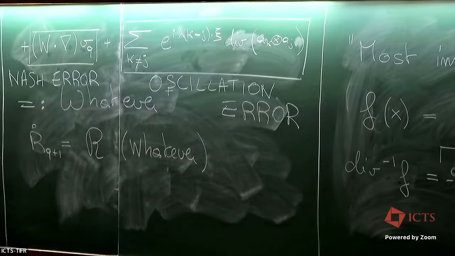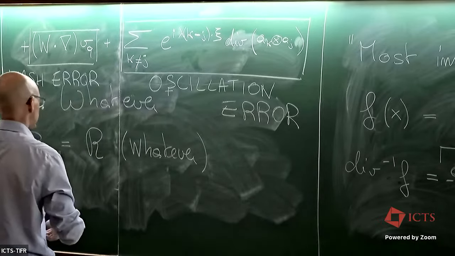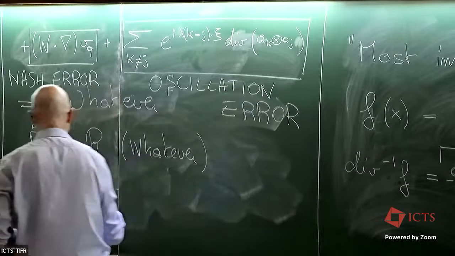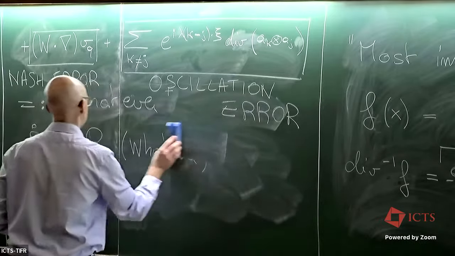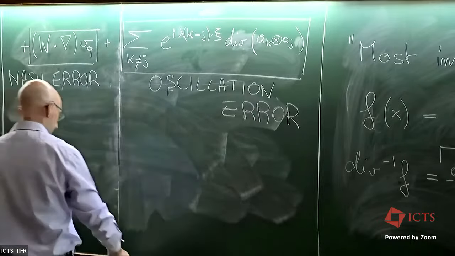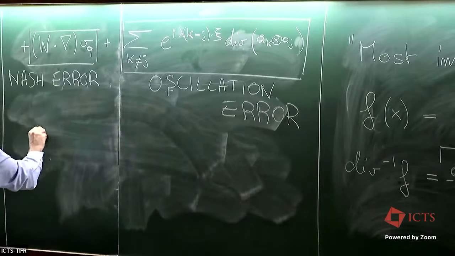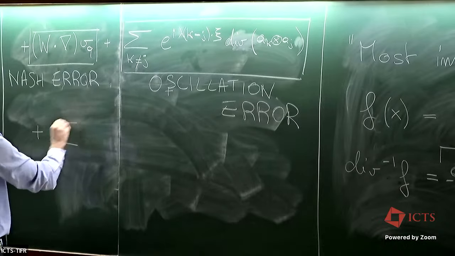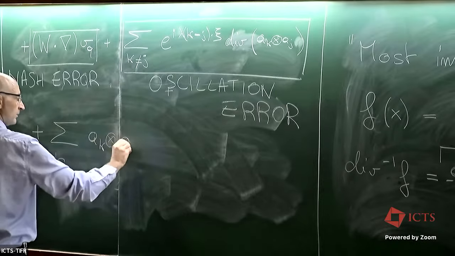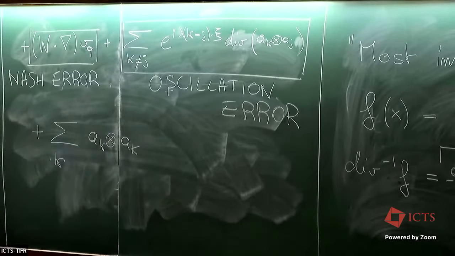So what's the difference? Well, okay, now there's something missing. And what is the something missing? The something missing, of course, is this term. So let me cancel the whatever over here, and let me actually add the final term. Okay?